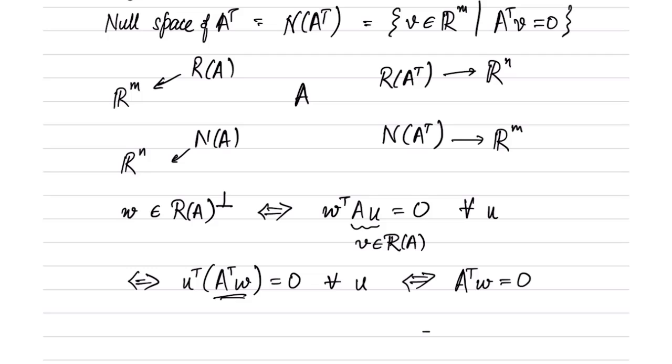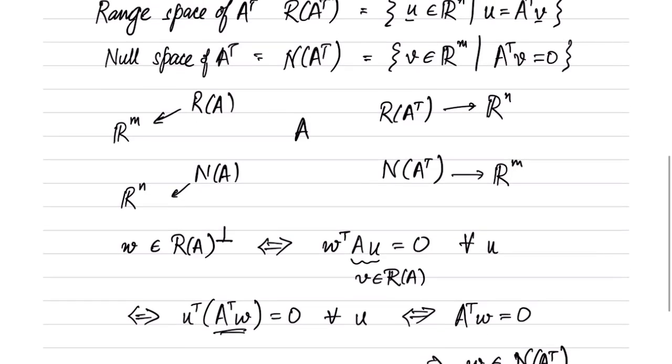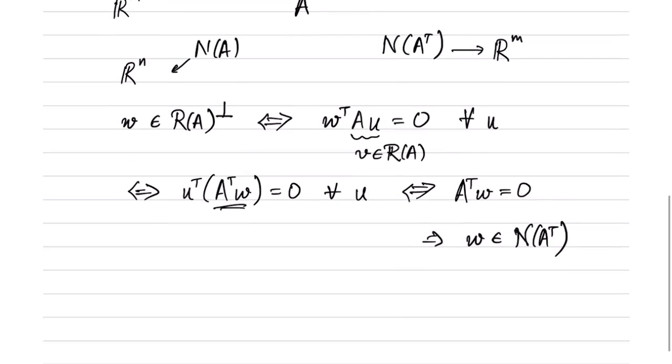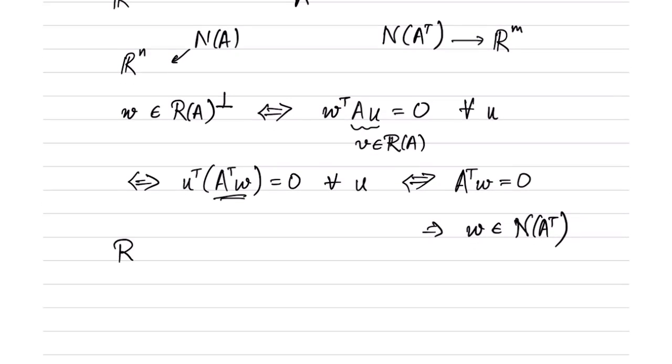So what is the meaning? It means that W belongs to the null space of A transpose, because this is exactly the definition of the null space of A transpose if you look at the top. In other words, we have established that any element in the orthogonal complement of the range space of A is exactly in the null space of A transpose.